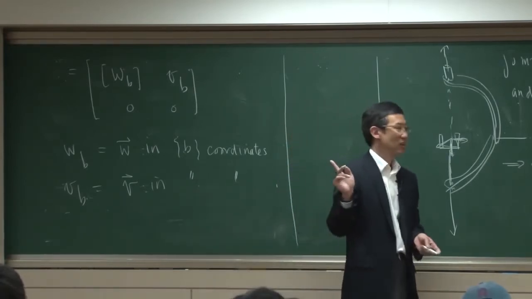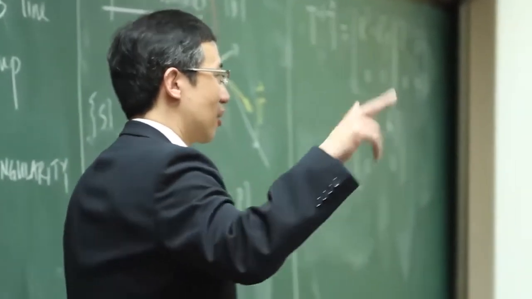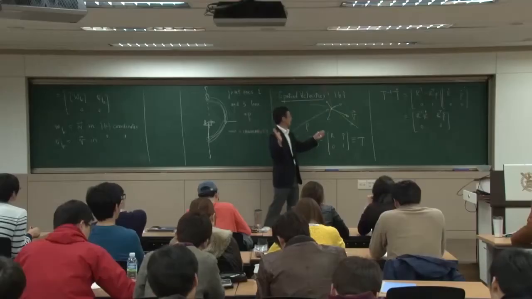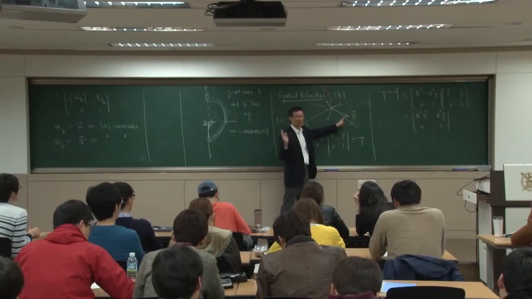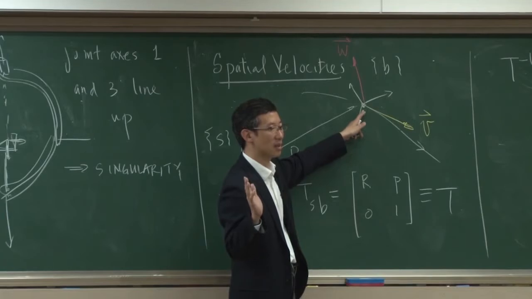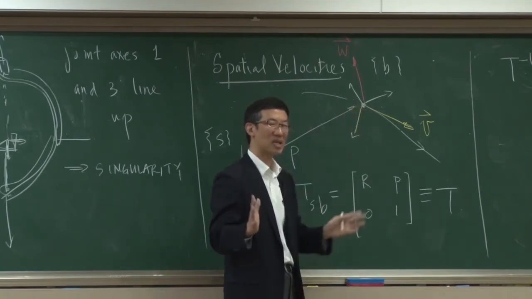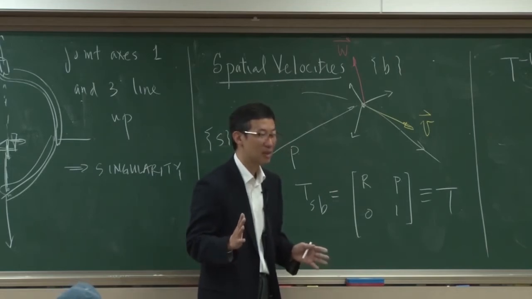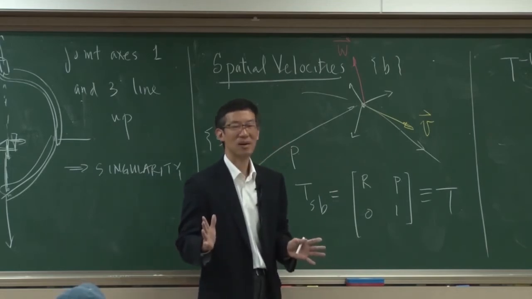Now, before we go further, some of you might be caught in this loop, thinking, wait a minute, the velocity V expressed in B frame coordinates. If I'm standing at frame B and I'm looking at my linear velocity, shouldn't it be 0?